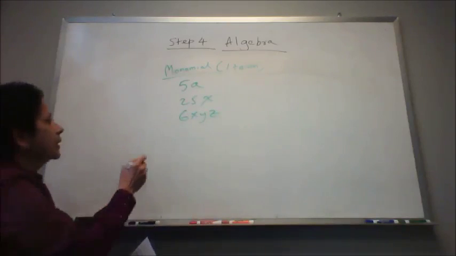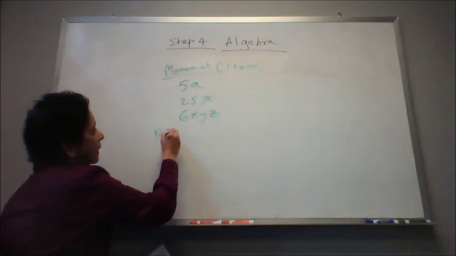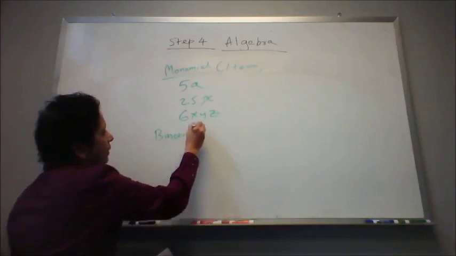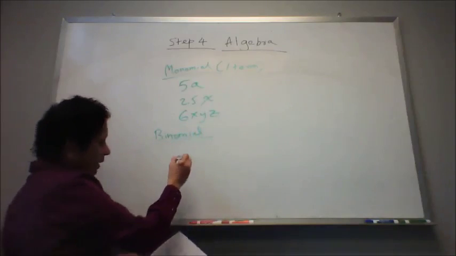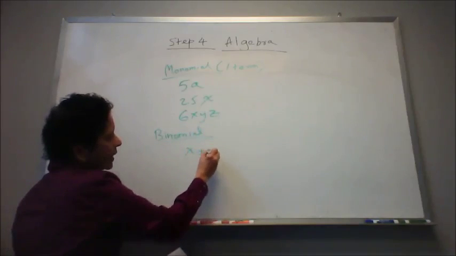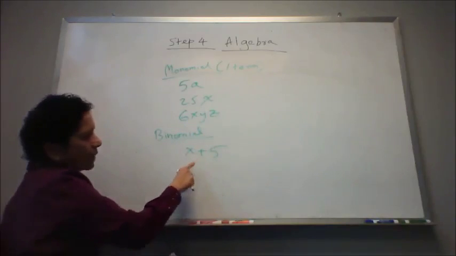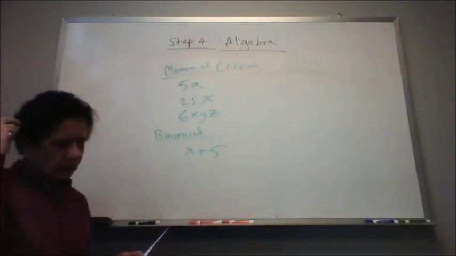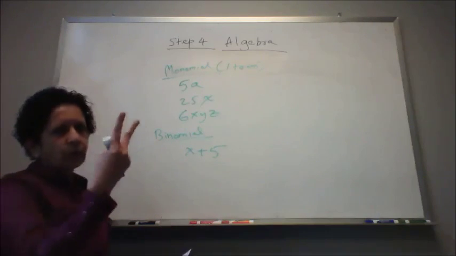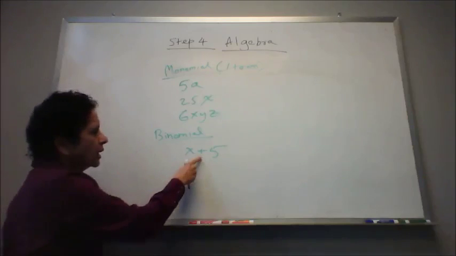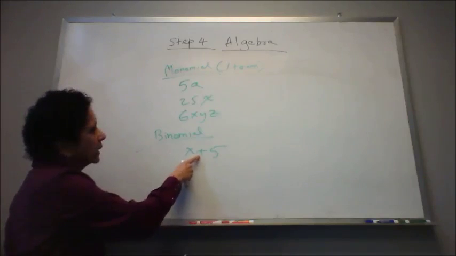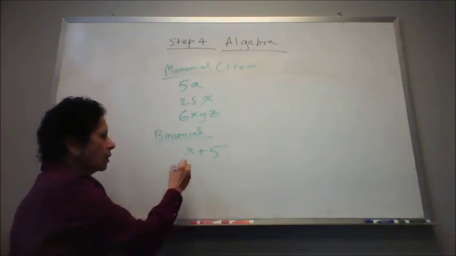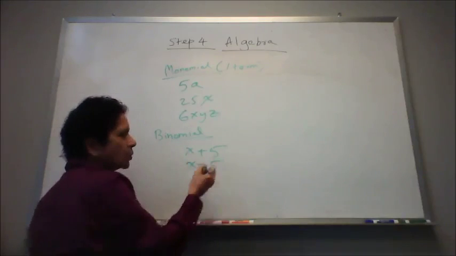So binomial means two terms, okay? What do I mean by that? If I have x plus 5, I have a plus sign in between, right? So either plus or minus. So I've got two different terms, and I'm adding or subtracting, then that is a binomial. Or x minus 5 is also a binomial.